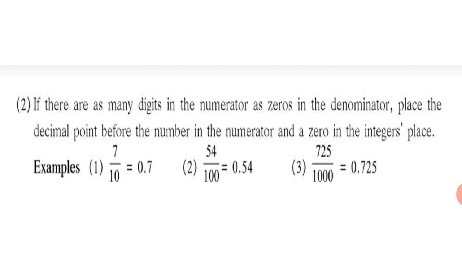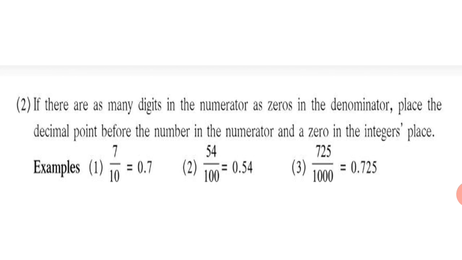So 7 upon 10 is equal to 0.7. Let's have a look at second example. 54 upon 100. 2 zeros in the denominator and 2 digits are present in the numerator. So now again write the numerator, count 2 digits from the right because 2 zeros are there, place a decimal point, and if there is no number left to write, we write a 0. So 0.54 is your final answer.